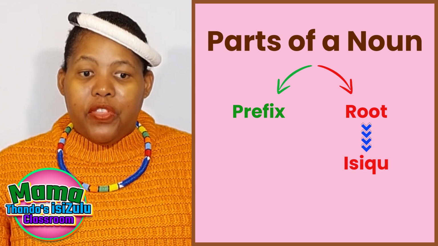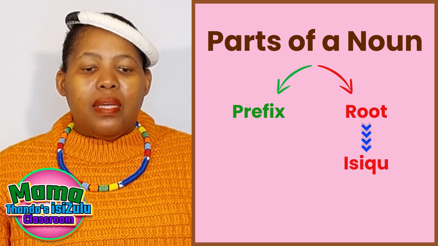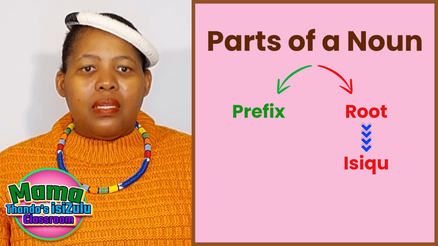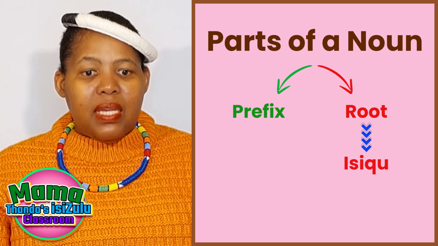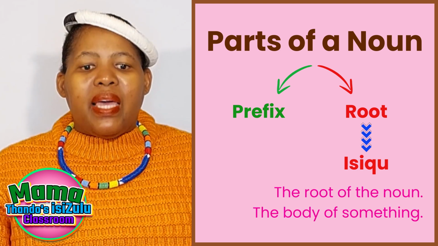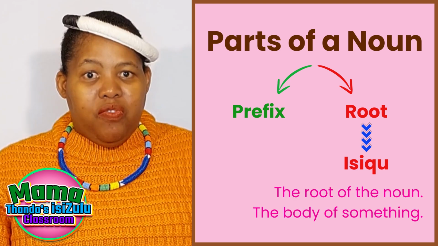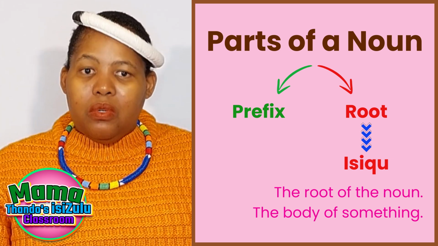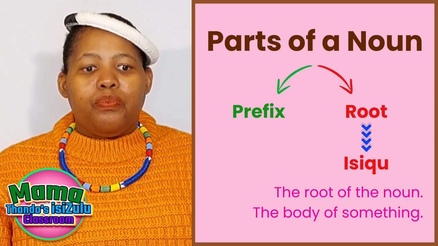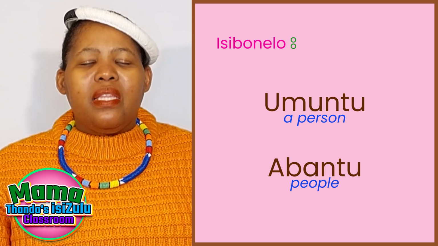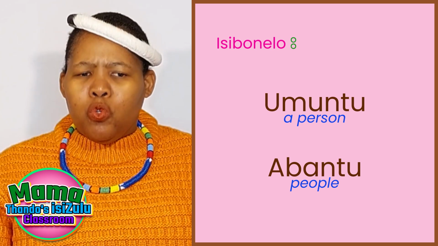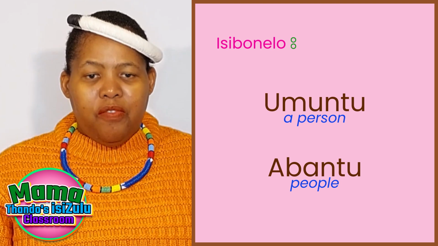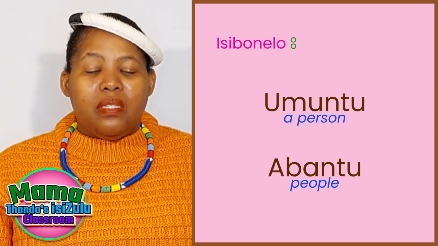The root of the noun is isiqu. Isiqu. That's the body of something. The body of a noun is isiqu. Now, looking at the noun umuntu, let's see what is the prefix and what is the root.